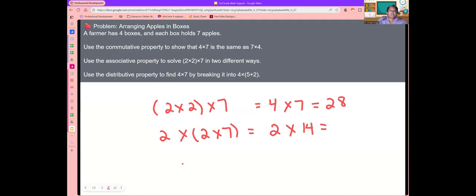Let's do 14, 2 times. So 14 and then 28, 1, 2. So it still equals 28. Even though we move the parentheses to a different location, the associative property allows us to do that and still keep the same answer.